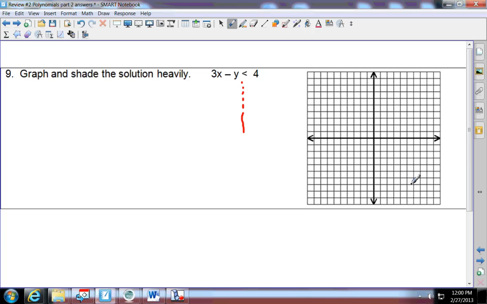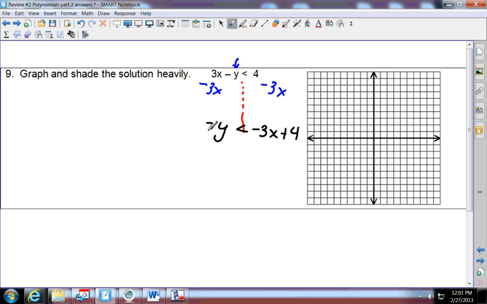So on this one, we've got to try and get y by itself. I need to move the 3x. It's a positive 3x, so I'm going to subtract 3x from each side. And it becomes negative y is less than negative 3x plus 4. Can we leave it like this?